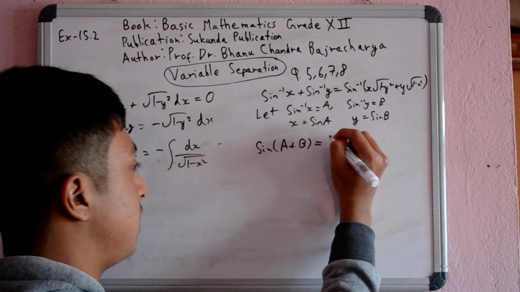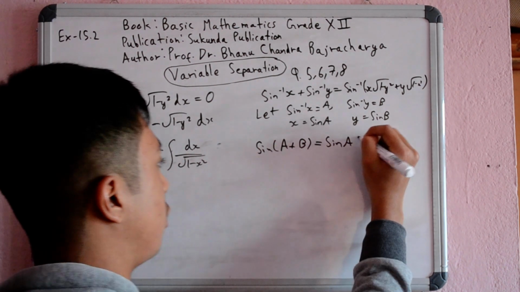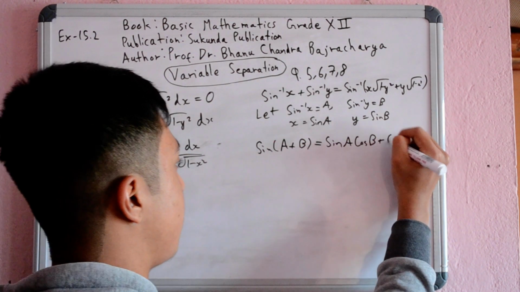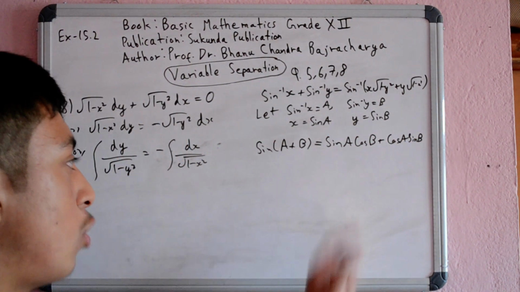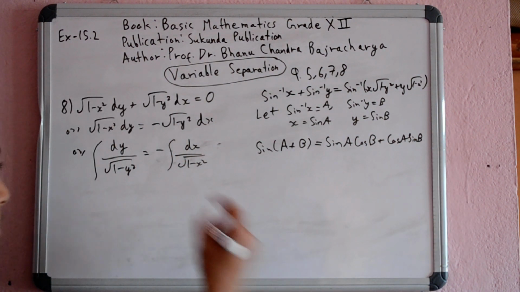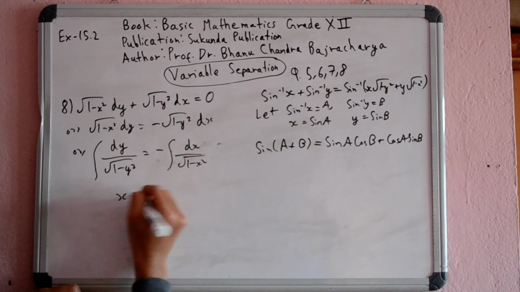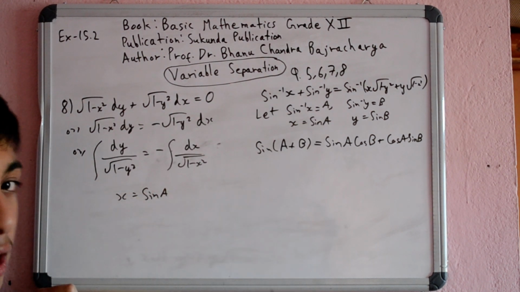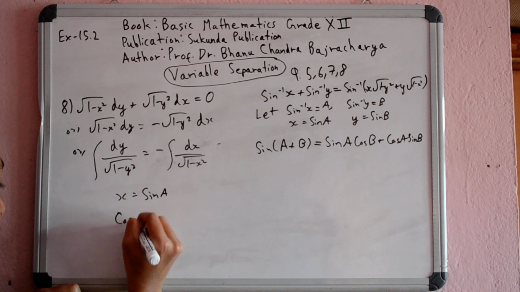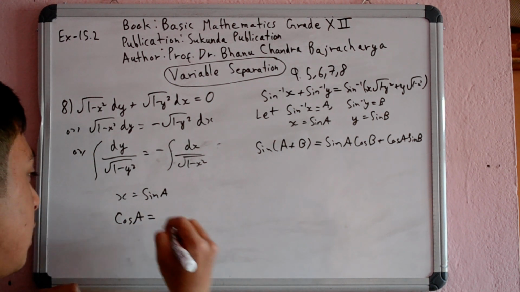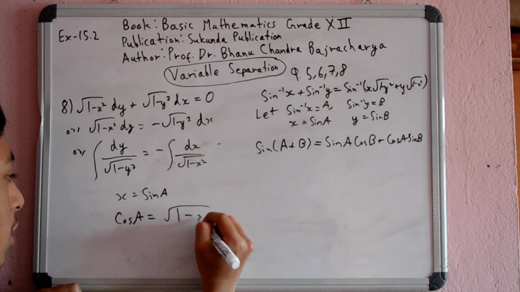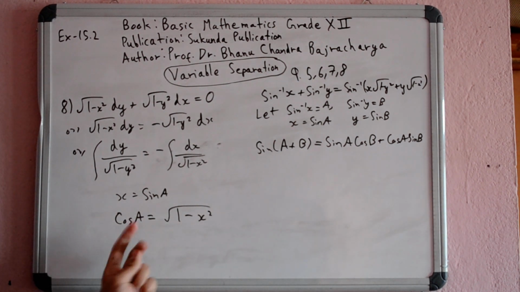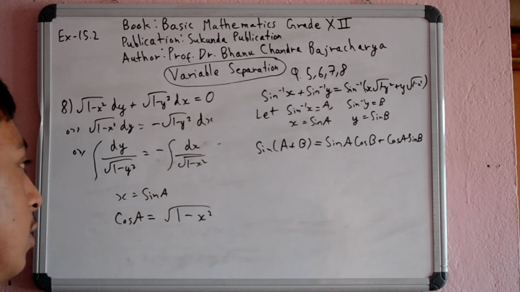So, we know that this is equal to sine a cos b plus cos a sine b. Now, let's talk about cos a and cos b. So, from here we have x equals sine a. Now, what is cos a in terms of sine a? Well, it is root 1 minus sine square a, but sine a is x, so cos a is equal to root 1 minus x square.